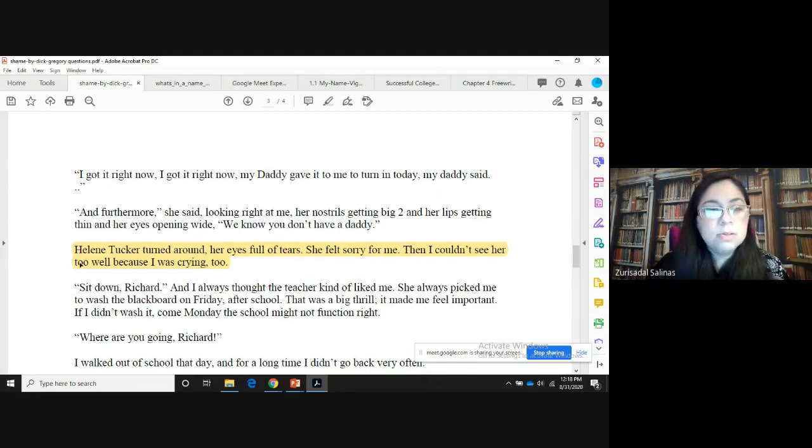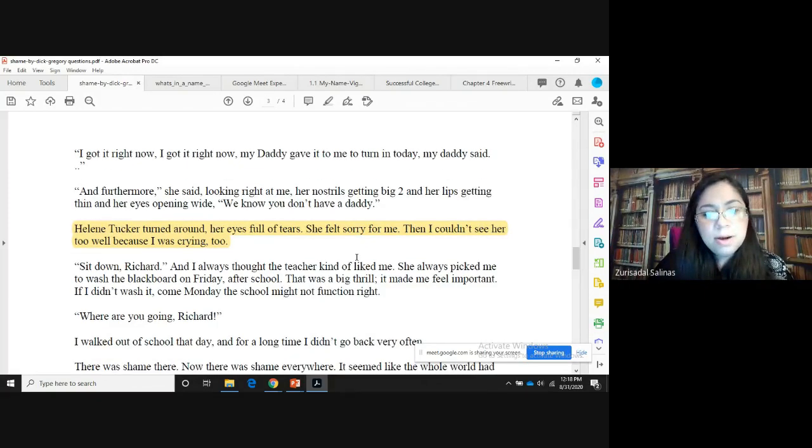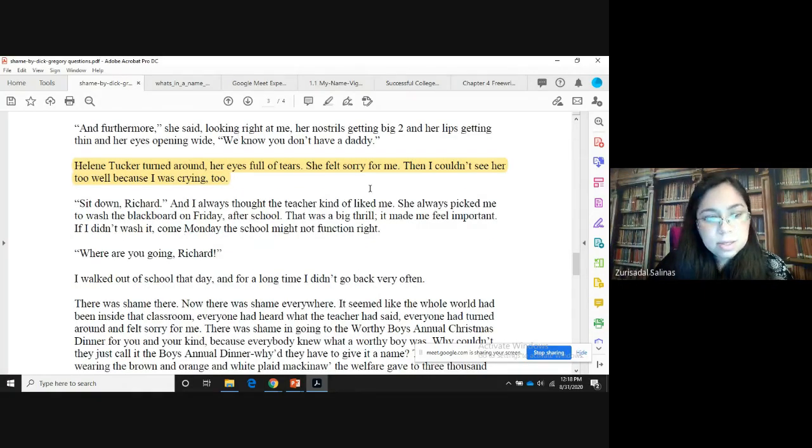Then I couldn't see her too well because I was crying too." Okay. So this moment became really important because he did not want that feeling from her. He liked her. He wanted to be loved by her, not to feel that she felt sorry for him. Right. So then later on, this is, I think, the last time that he talks about Helen.